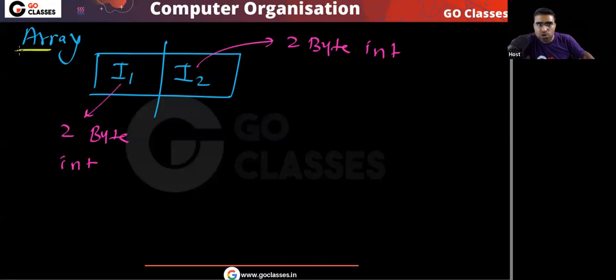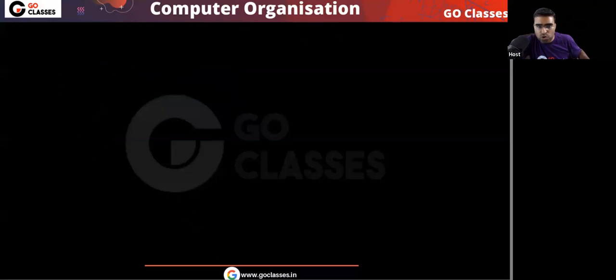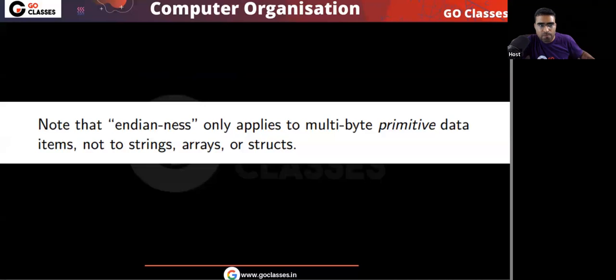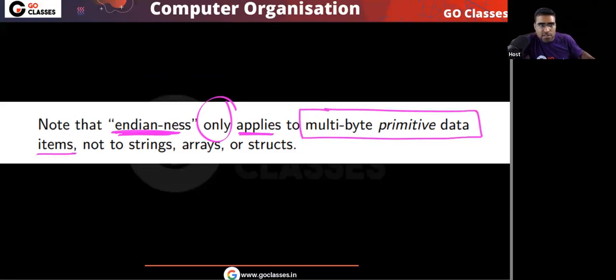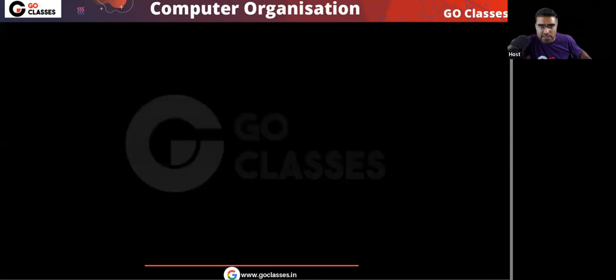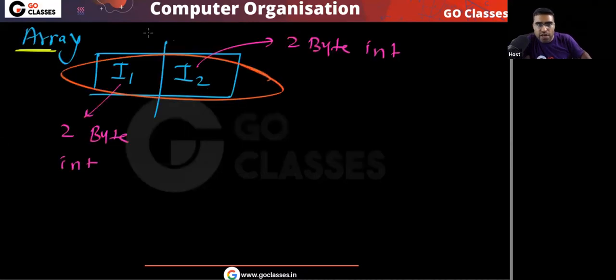No. I told you that on an array, this concept of endianness does not apply. This we have already seen. The concept of endianness only applies to multi-byte primitive data items. It does not apply to strings, arrays, or structs. So endianness cannot change the order of array elements.